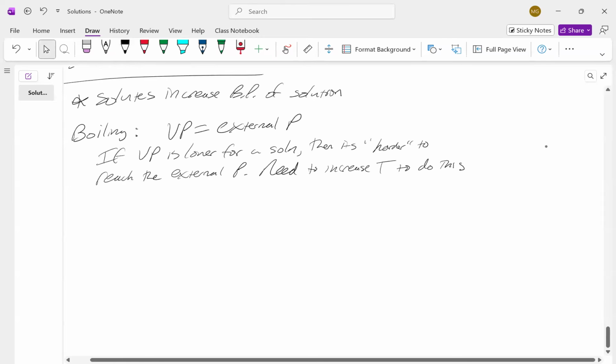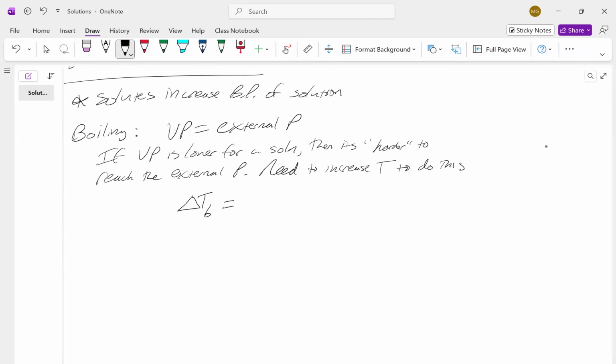Now the formula that governs this is delta T, and B just stands for boiling point. So the change in the boiling point temperature is equal to some constant, a boiling point constant, times the molality. So this change in temperature is the temperature of the solution minus the temperature of the pure solvent.